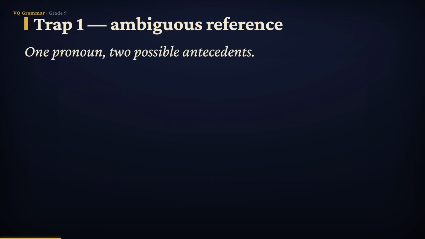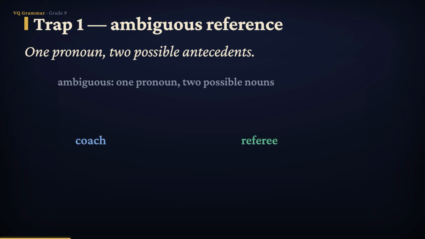Now for the first trap, ambiguous reference. That's when a single pronoun could point to 2 different nouns, and the reader can't be sure which one you mean. Picture a coach on one side, a referee on the other, and the little word he caught right in the middle. When you write he, which one does it grab? Watch it happen in a real sentence.